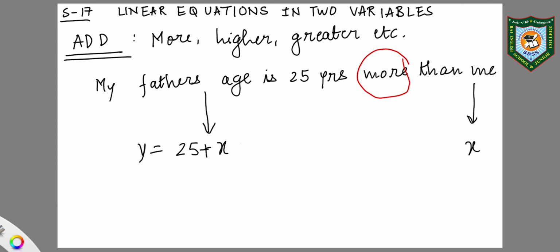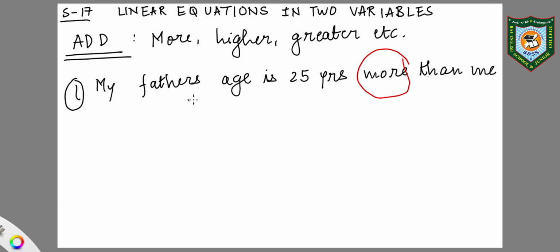Now let's take another example. This was my equation, statement number one. The equation here is y is equal to x plus 25, where x is my age and y is father's age.